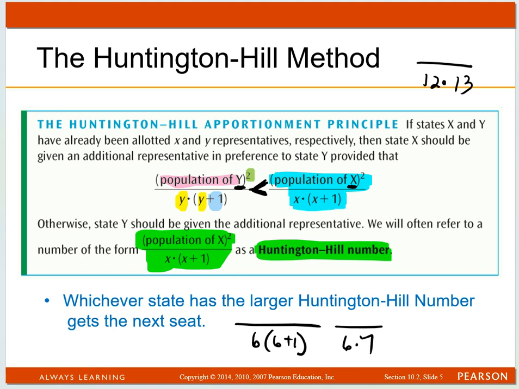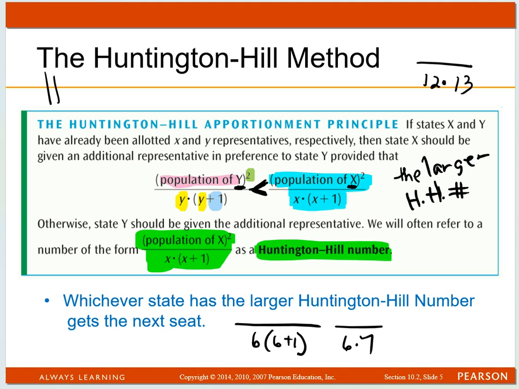Now that's how they state it, but I always remember that the larger Huntington Hill number, which I call the HH pound sign. Okay, you guys probably call it a hashtag, but to me it's a pound sign on a phone. It's also the symbol we use for number, and it's also a little thing we use to play tic-tac-toe.